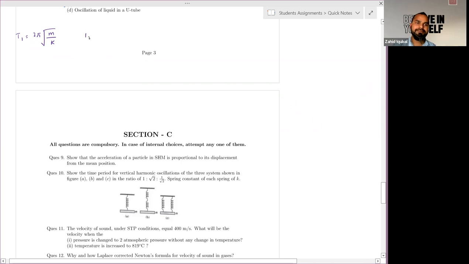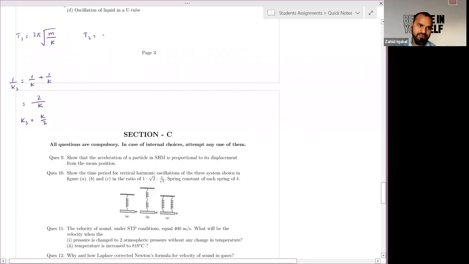In the second part, we have two different springs connected in series. So k equivalent for series combination will be 1 by k1 plus 1 by k2. So it will be 2 by k, so k equivalent will be k by 2.